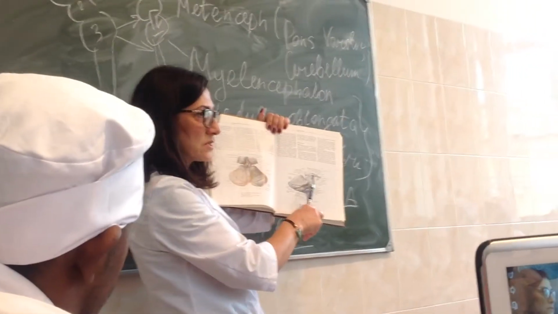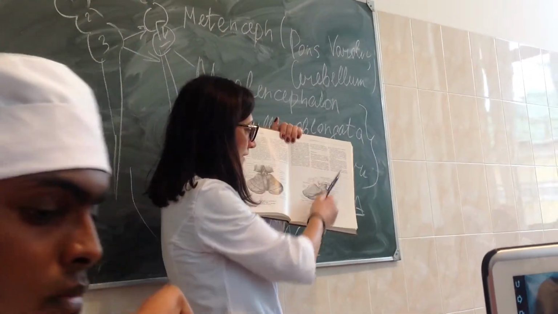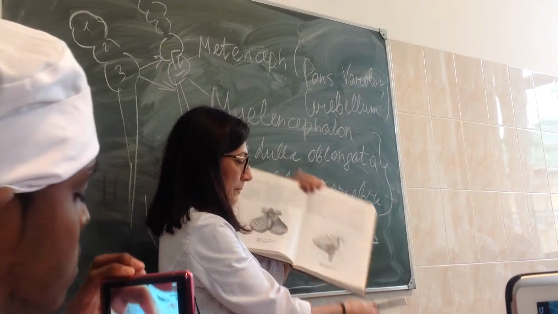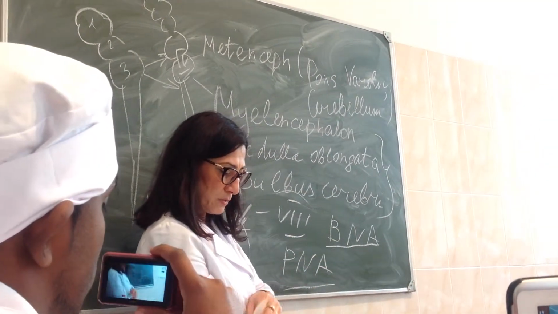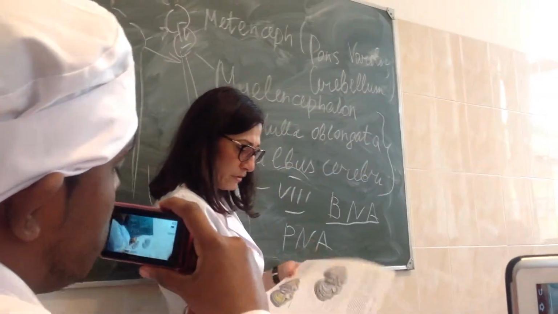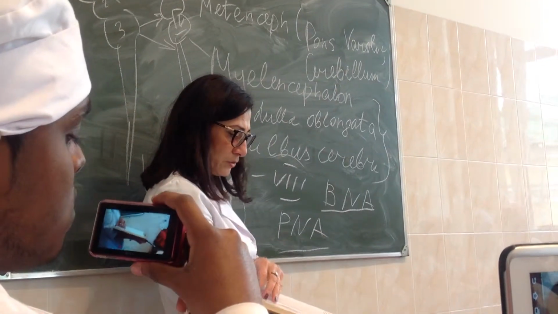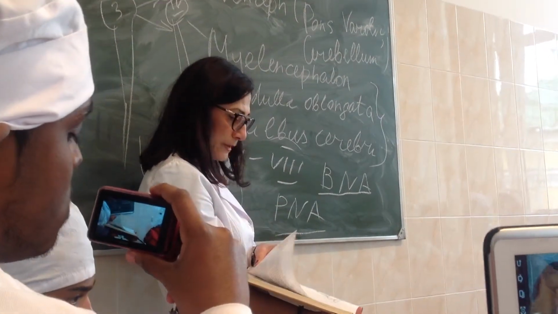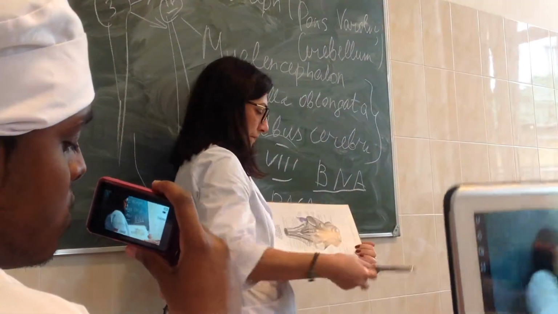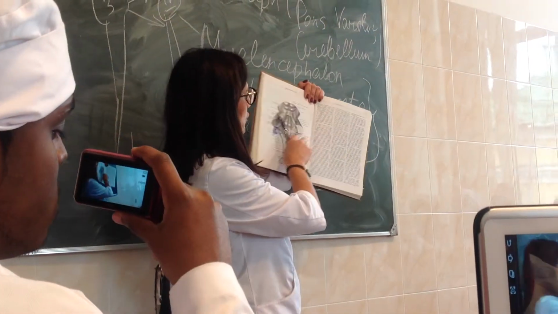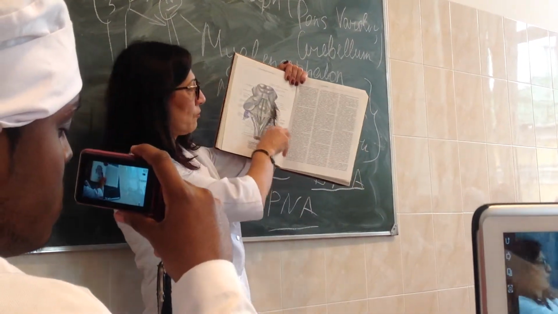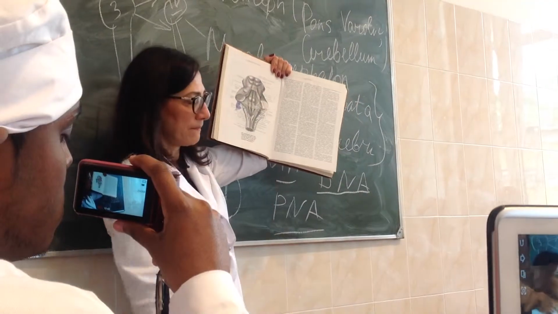You can see this dorsal part only after cutting the middle peduncle, superior peduncle, velum medullare superior, and removing the cerebellum. You can then see the dorsal part of the pons, which participates in formation of the upper triangle of the rhomboid fossa.